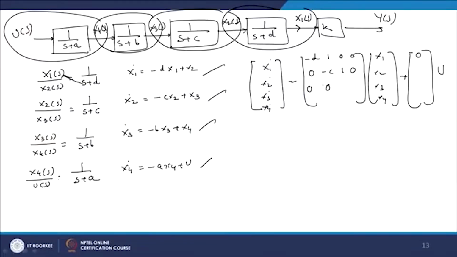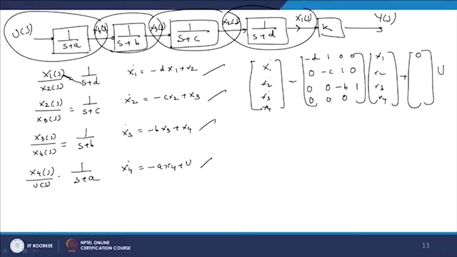So here I am writing down 0 0 minus b 1, and lastly x4 dot equal to minus a x4 plus u. That means here terms of x1, x2 and x3 are 0. So I will write 0 0 0 minus a, but here u is there.